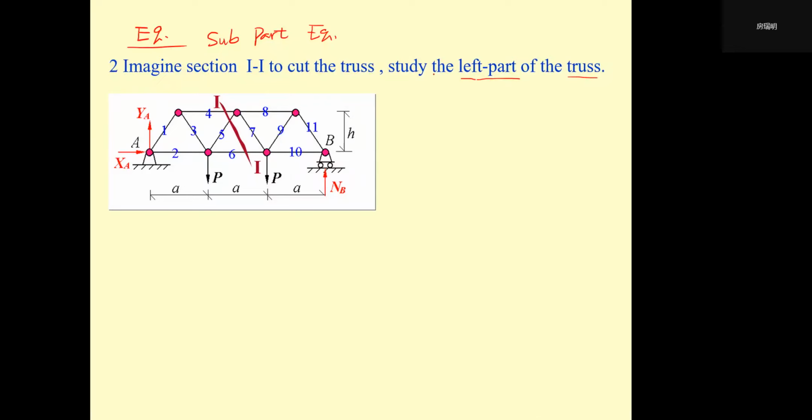Then when we study just the left part, we should use some forces to represent the action of the right part on the left part. Actually, this action is the internal forces of members 4, 5, and 6.